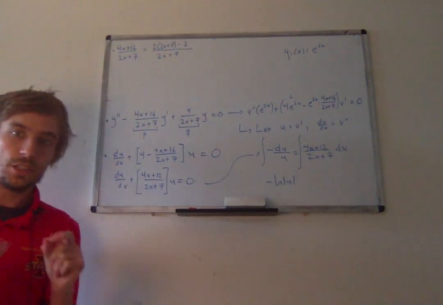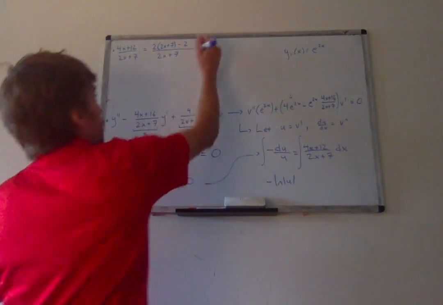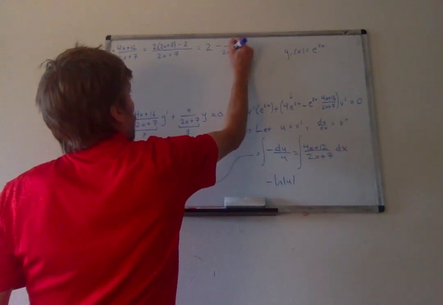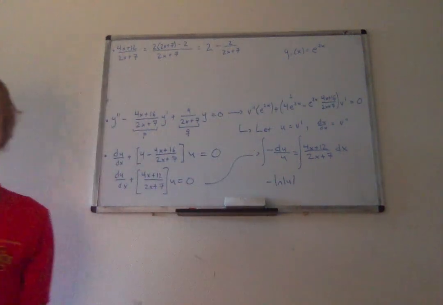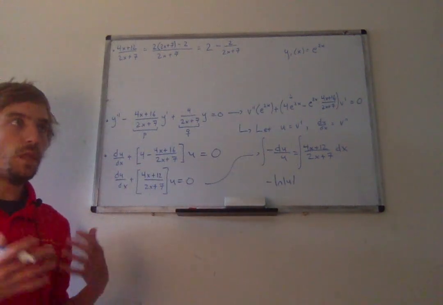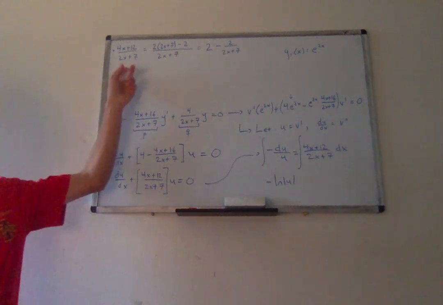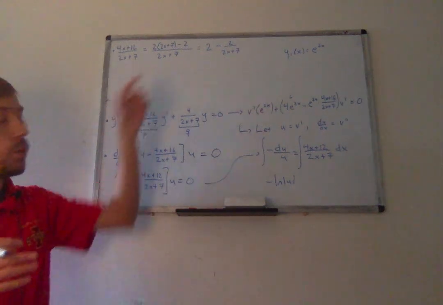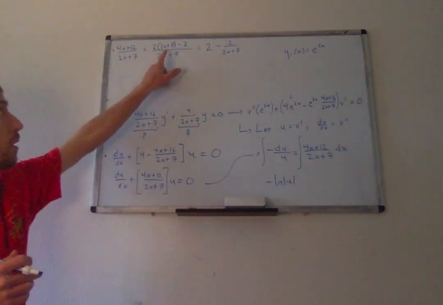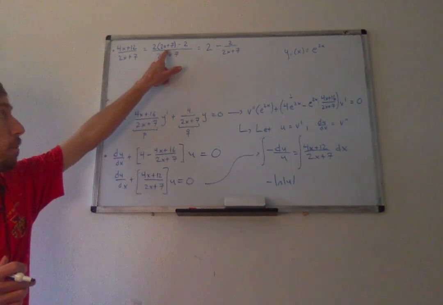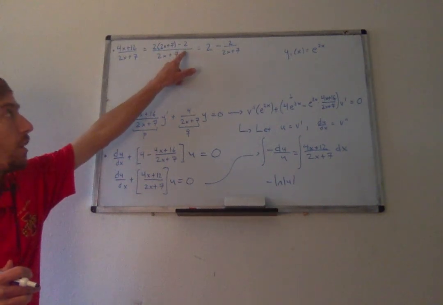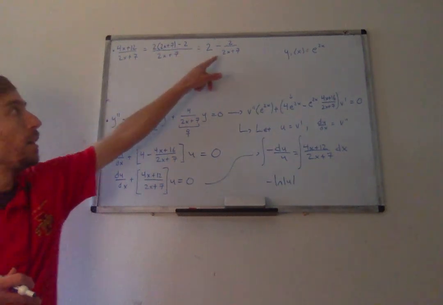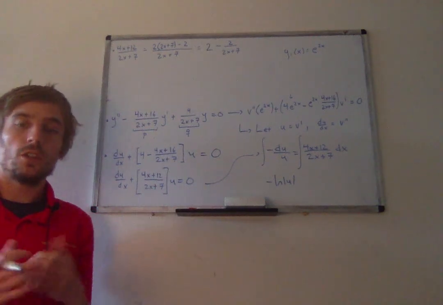So the goal here is to turn this into the sum of two fractions, such that we have two terms that we can now integrate. This by itself we don't really know the integral of. So what I did is I said, okay, I want to get rid of the x terms in the numerator. So I want to get a factor of 2x plus 7. If I can do that, well, then maybe I just need to subtract off a little bit to make sure that I've not actually changed the value of the numerator. And this gives me the following two terms, each of which I know the integral of.